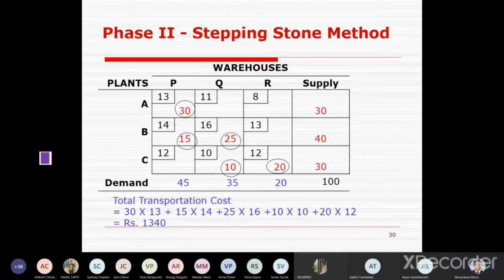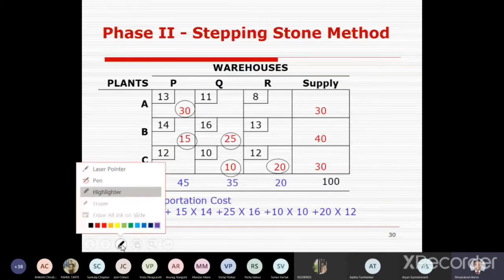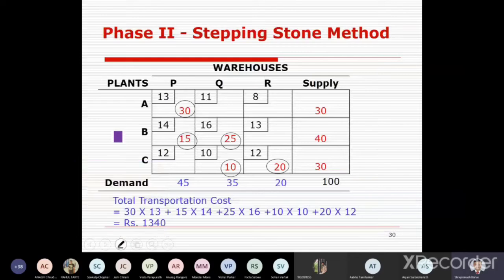To understand how to solve this problem, I have purposely taken the northwest corner solution, because you will get a number of iterations and you will come to know how to solve this problem.